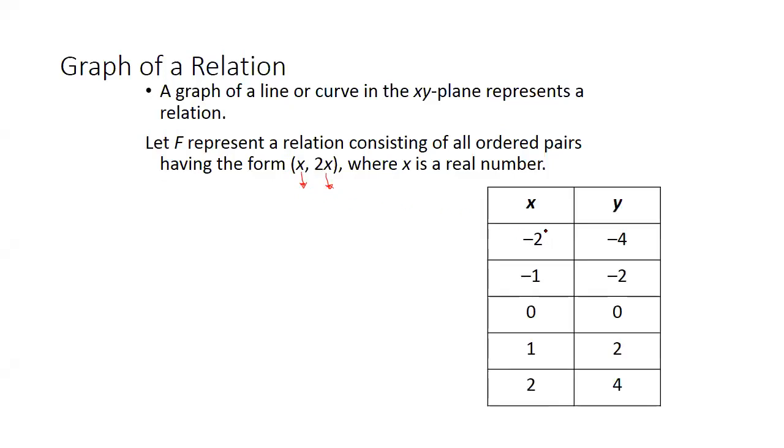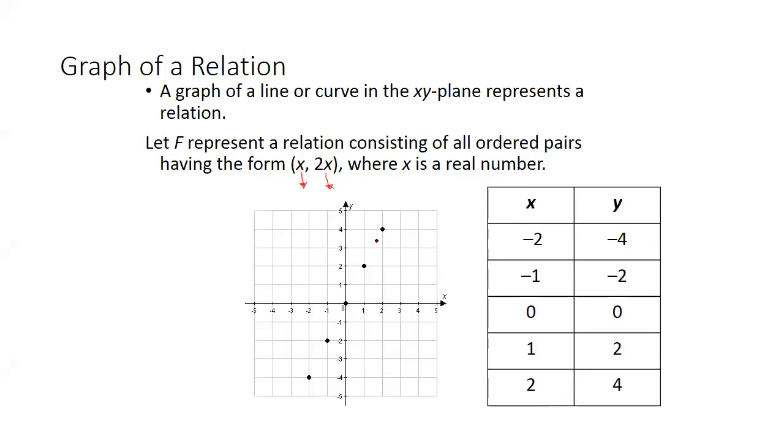If x equals -2, y would be 2 times -2, which is -4. If x is equal to 0, y would be 2 times 0, which is 0. So whatever you have for x, y doubles it. You can locate those points, and if you connect these points, that would be the graph of your relation here, which is a straight line.